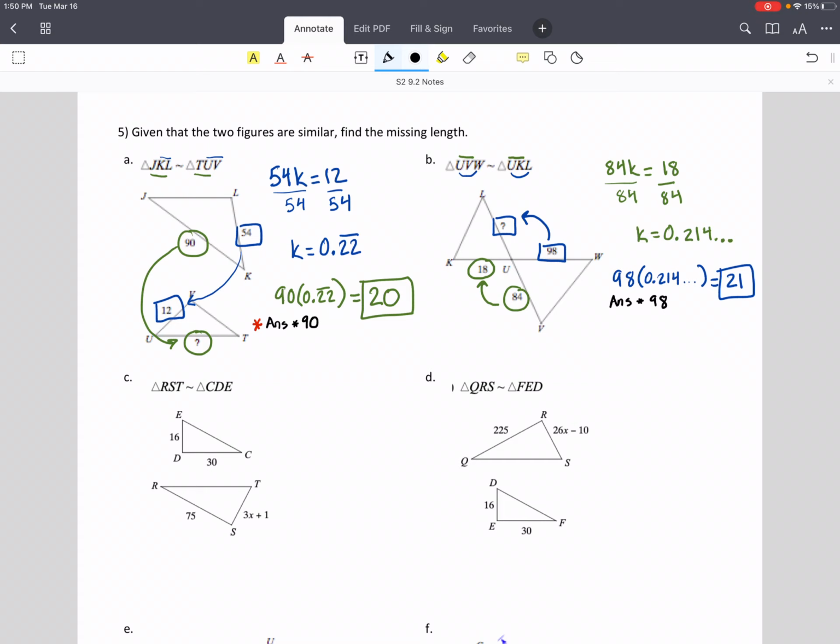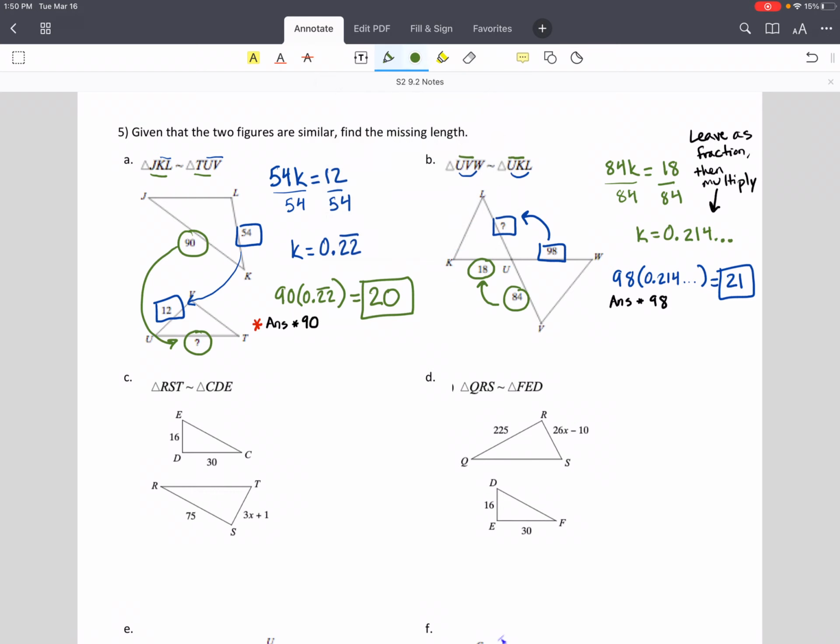Another way to avoid this is if you don't want the decimal, you could also leave it as a fraction. And then you can multiply it. So here I can say k is just equal to 18 divided by 84.